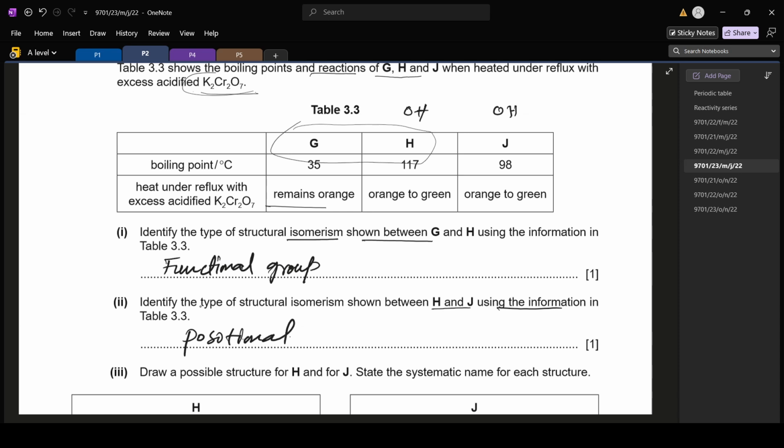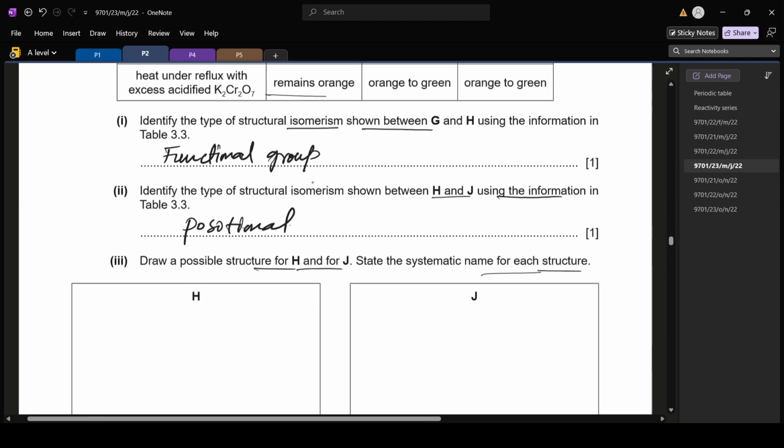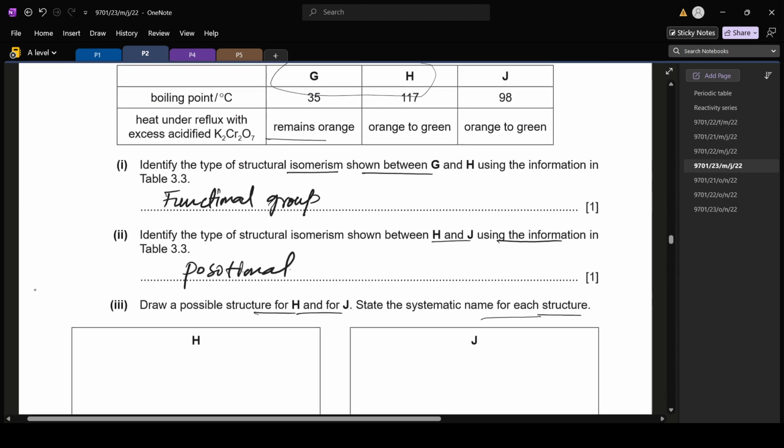Okay, and then it is saying draw a possible structure of H and J. State the systematic names for each structure. So this has a molecular formula C4H10O.